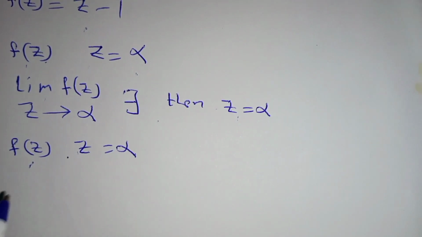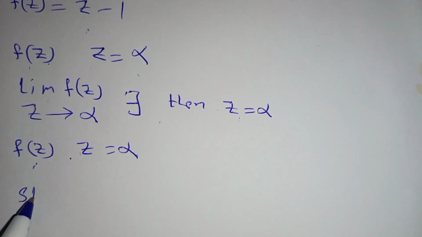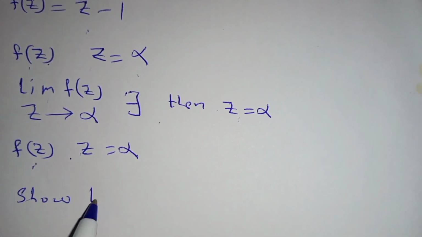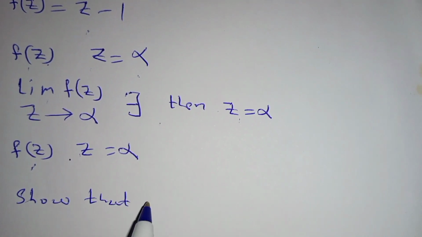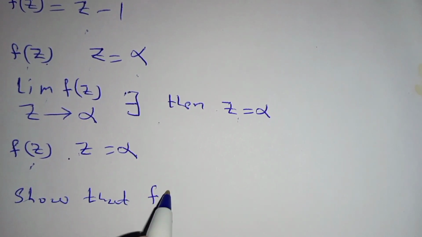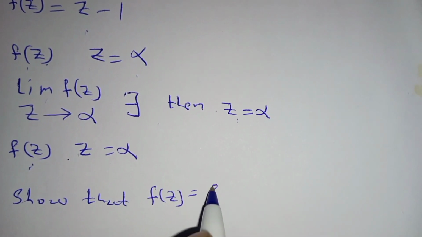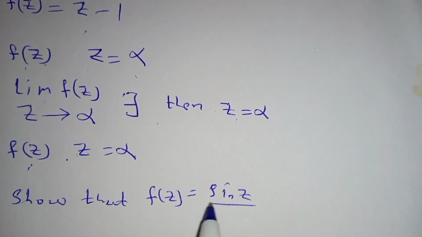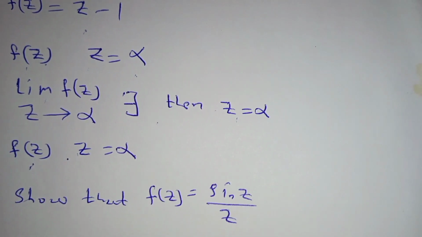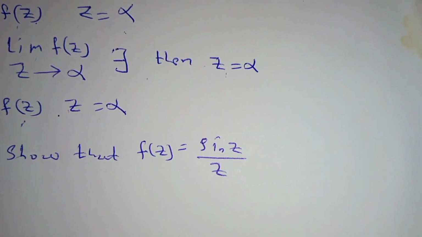Example: we are to show that f of z is equal to sine of z over z has a removable singularity.